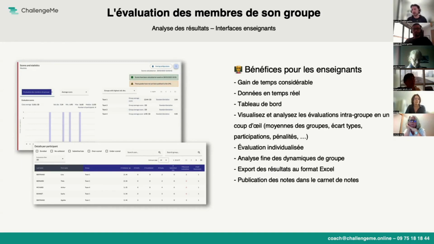You can export the results in Excel format if needed, and you can also directly publish the grades if you want. For example, as I mentioned earlier, for this grade to be part of a set or a weighting for a final grade. You can also easily publish the grades for this activity directly into your gradebook right within the course.